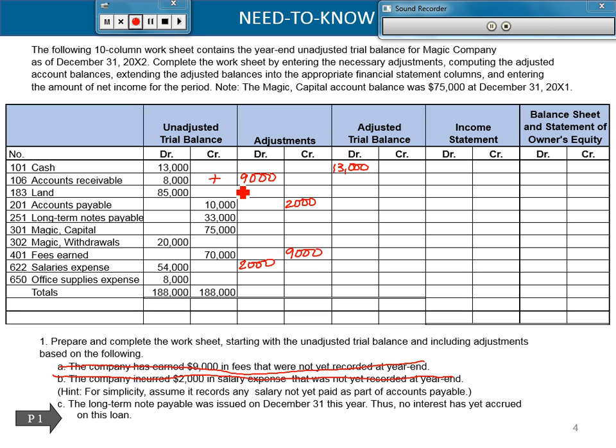Then 17,000. Yeah, 2,000. Land, 85,000. It didn't change, right? Accounts payable, 12,000 on the credit side. Notes payable, 33,000.